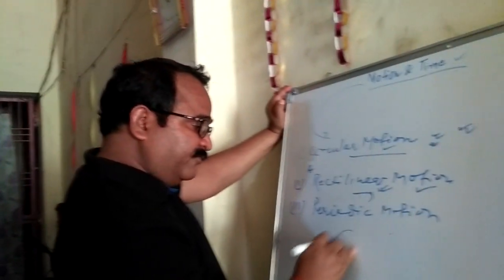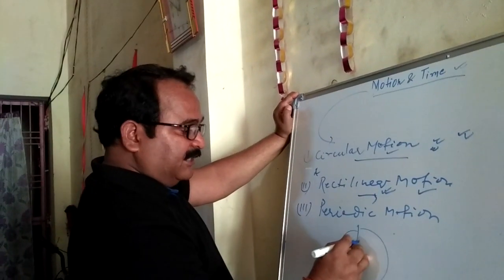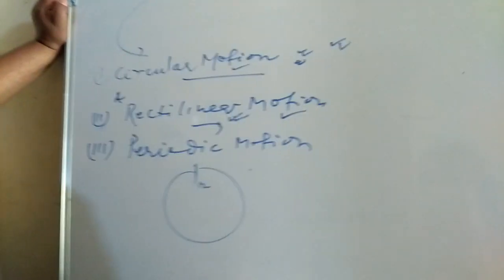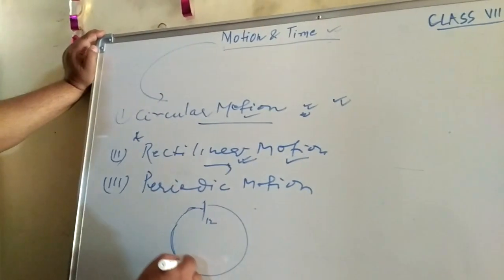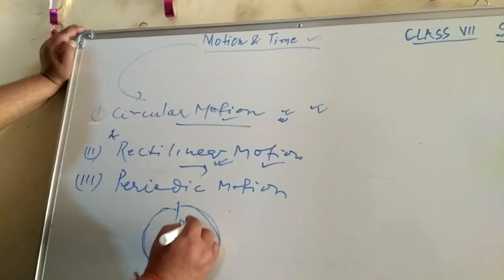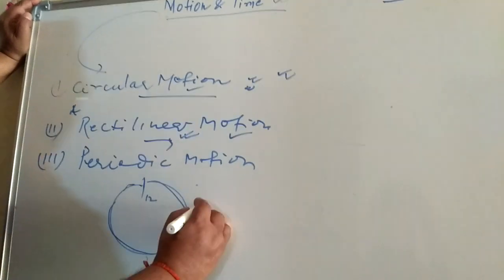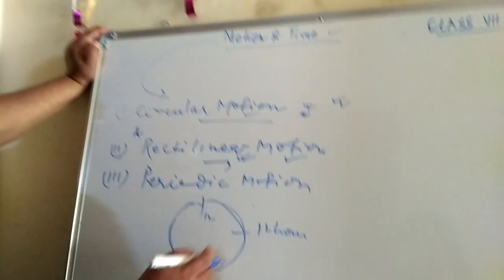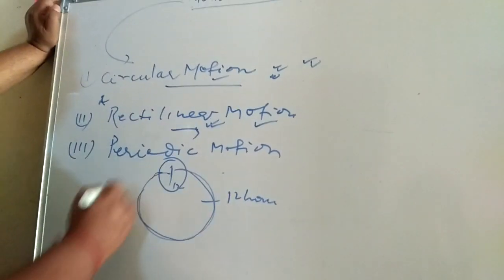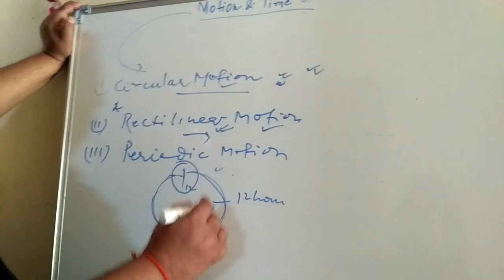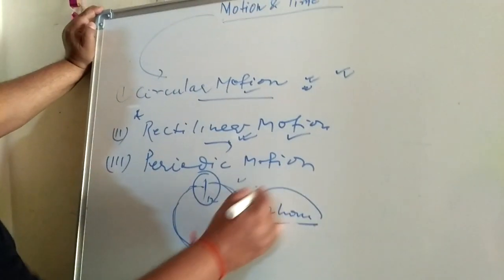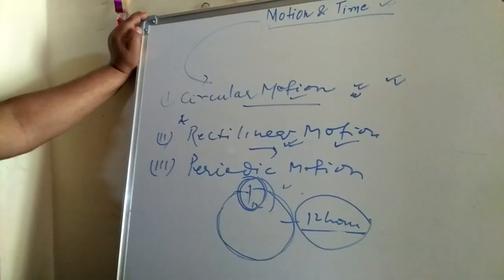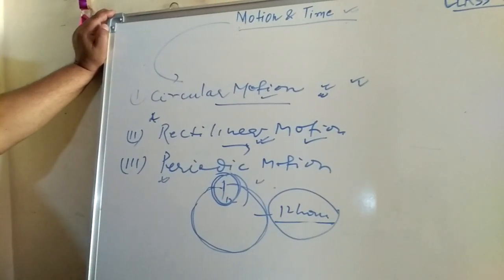If a needle starts from 12 and completes one rotation, it takes 12 hours. Every rotation by the hour hand always takes 12 hours. So its time to repeat its original position is definite. That is called periodic motion.